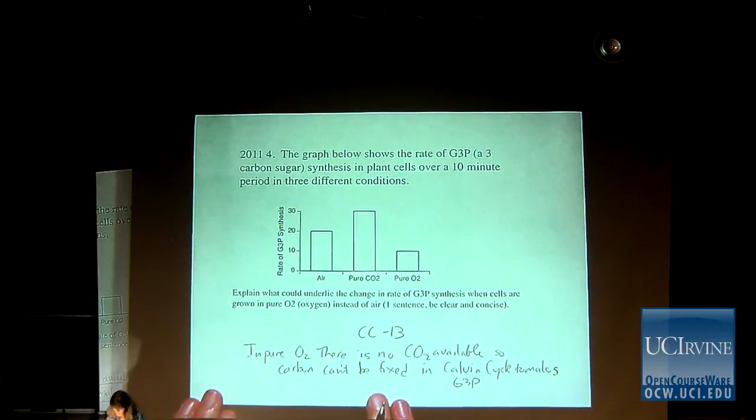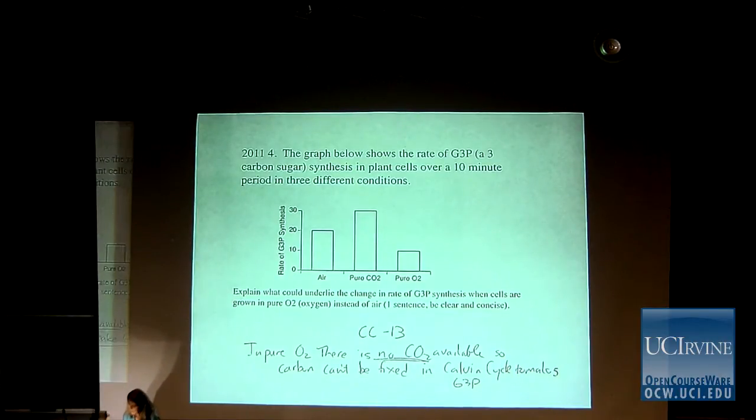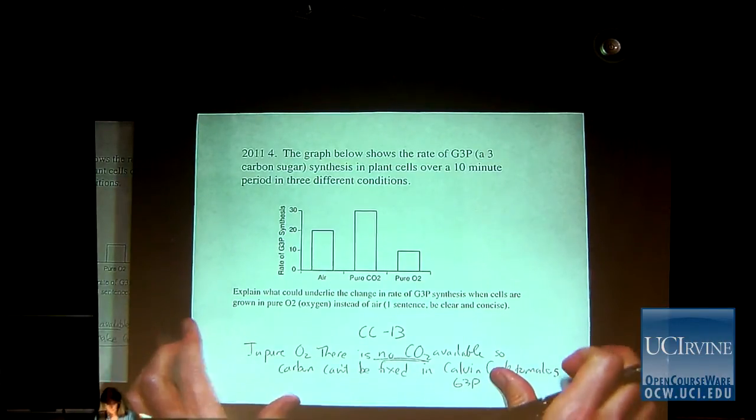Okay, so it was important that you attributed that to no carbon dioxide, so now you don't have any carbon, and therefore the Calvin cycle doesn't have anything to actually make G3P. Okay, let's move on to the next one.